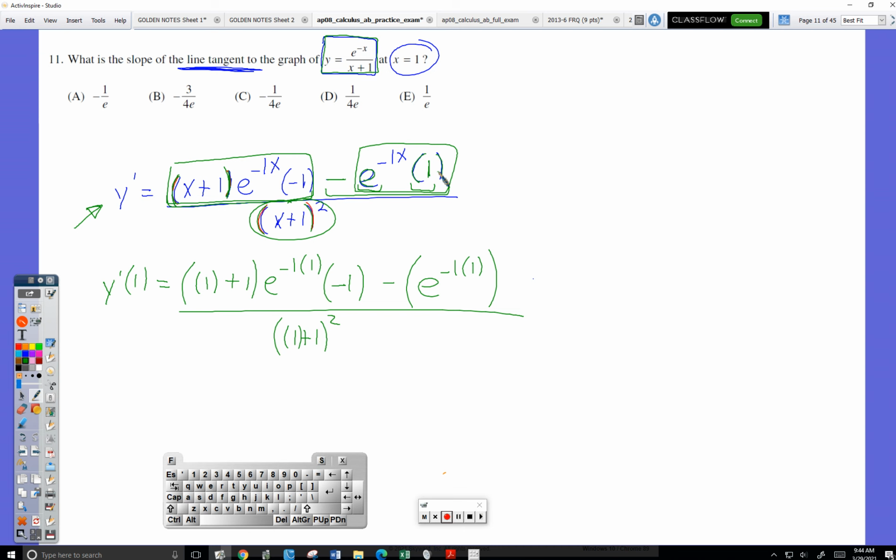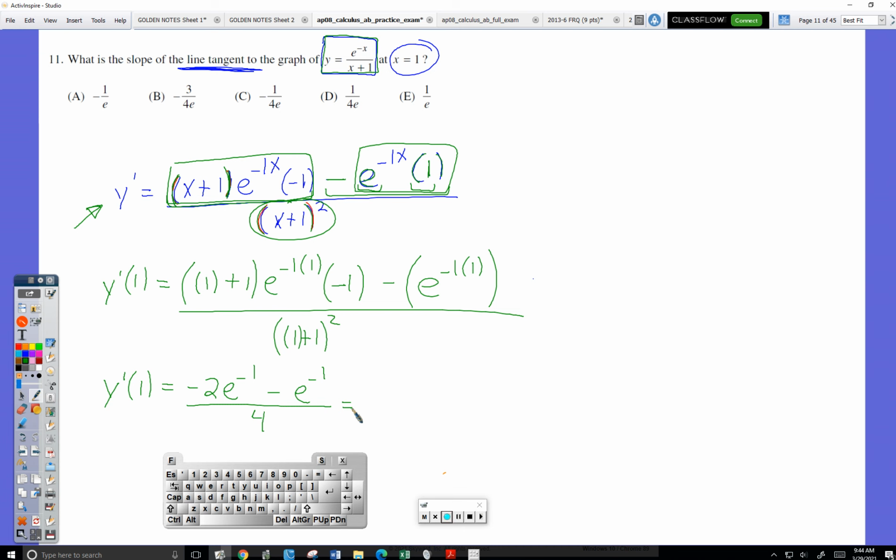Cool, so keep going. So y prime of 1 is going to be negative 2 e to the negative 1 minus e to the negative 1 all over 4.